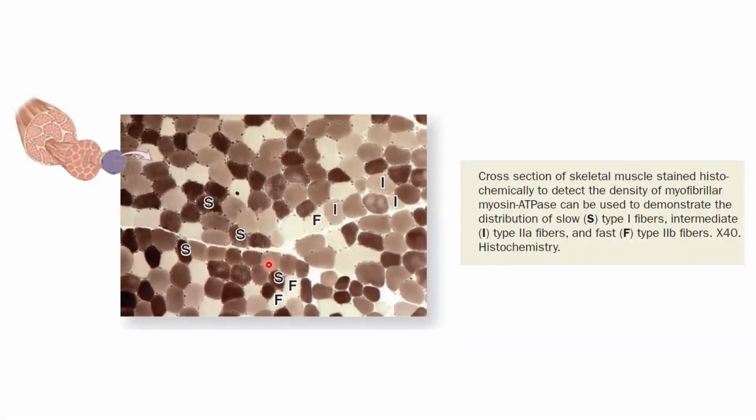The light colored ones are the fast fibers, which use anaerobic respiration. They are in white color. The slow fibers are seen in dark color, and you can see intermediate colored fibers. So in one muscle, you can see a combination of these different types of fibers.